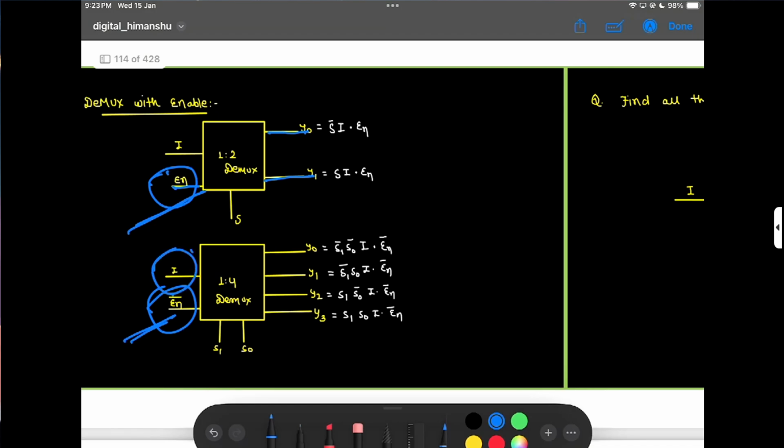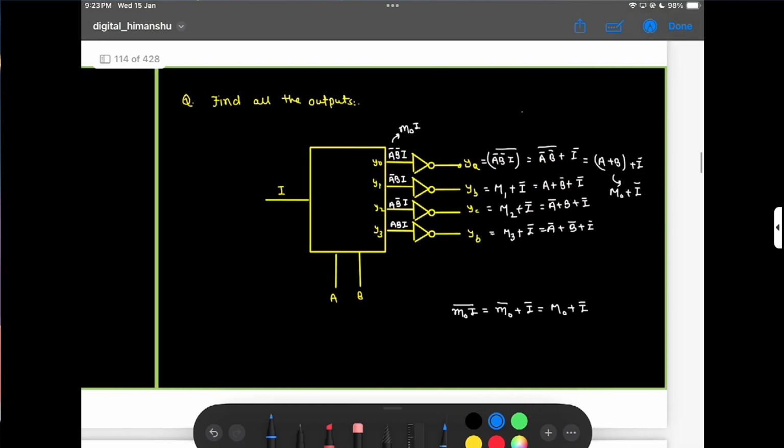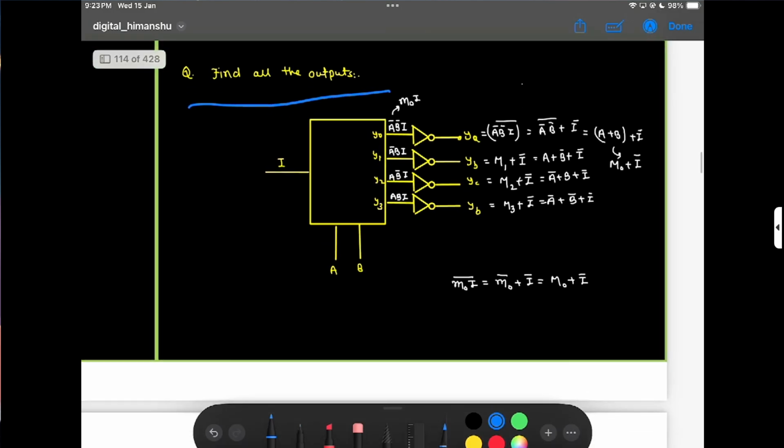And here is the input, and here are the two select lines for the outputs Y0 to Y3. Find all the outputs. Here we have a NOT gate, so obviously this is bar.